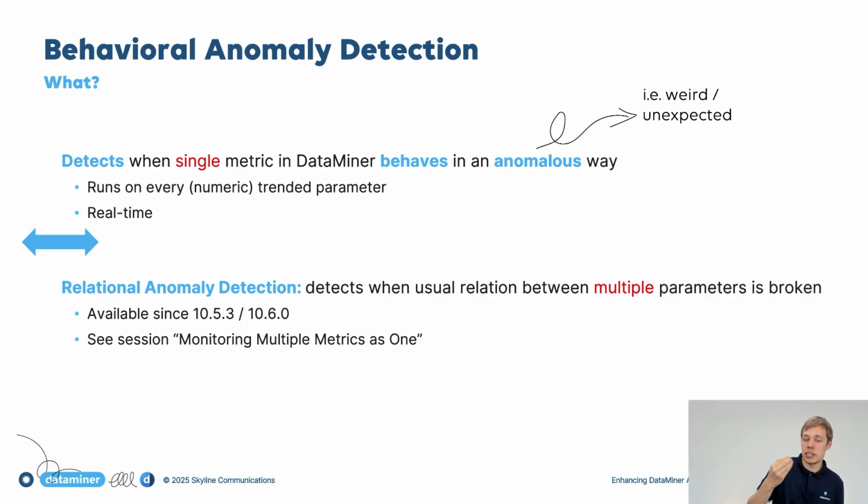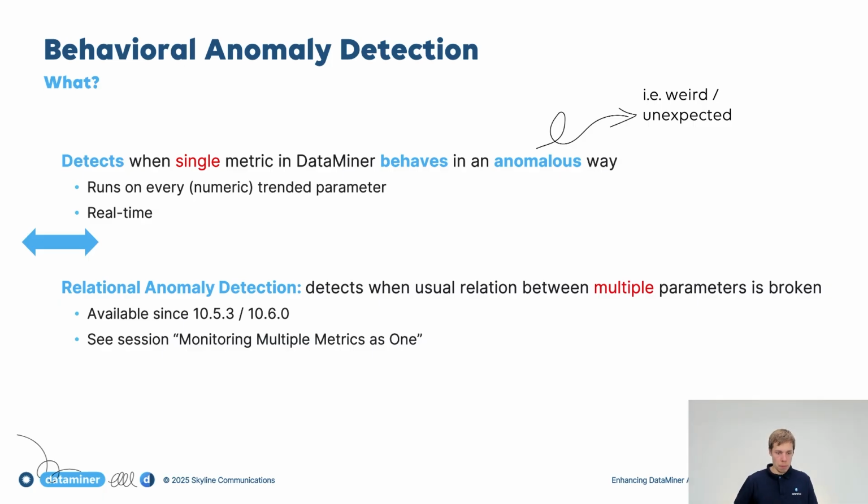And behavioral anomaly detection, the feature we will be talking about today, only looks within a single parameter and compares the behavior of that parameter with its historical behavior. It can detect things like we saw on this audio bitrate parameter that jumped down and started to become less stable. Relational anomaly detection is the topic of another video that you can also find on the internet.